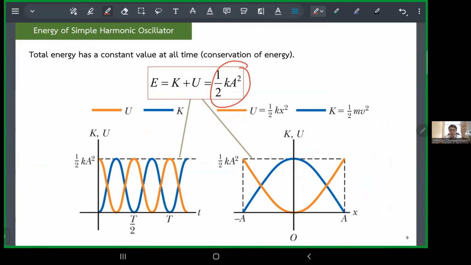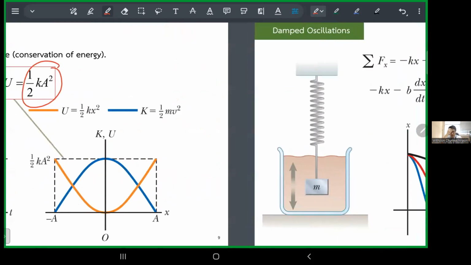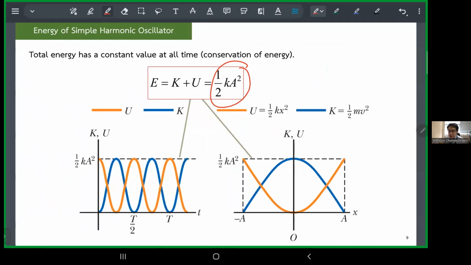Whenever you have the maximum potential, the kinetic will go smaller. Anytime you have higher kinetic energy, the potential will go lower. But at any time, the sum must be exactly the same, 1/2 ka squared. Cool. All right, guys, I think that's it. We are done.